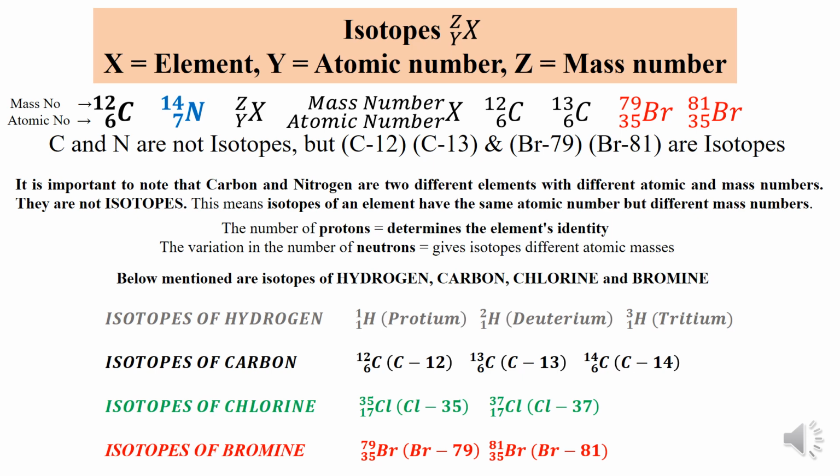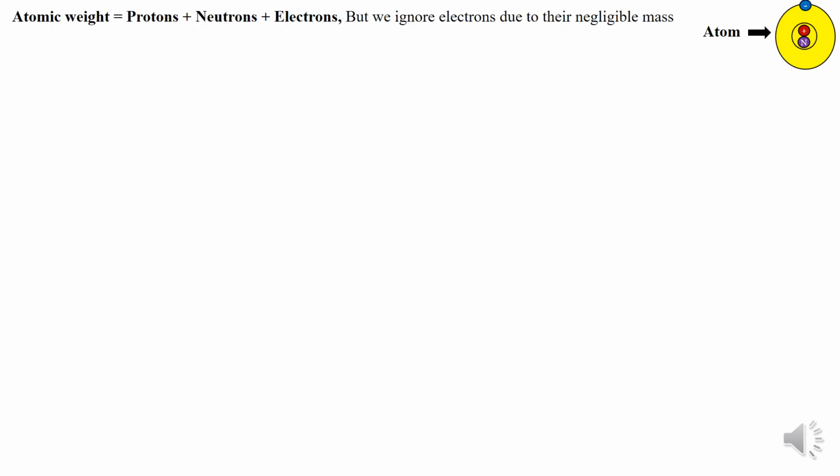In these four examples mentioned as isotopes, you will find that the atomic numbers are one and the same, while there is variation in the number of neutrons. That leads to their different mass numbers. So the neutron has a vital role to play, and that determines the isotopic form of that particular element.